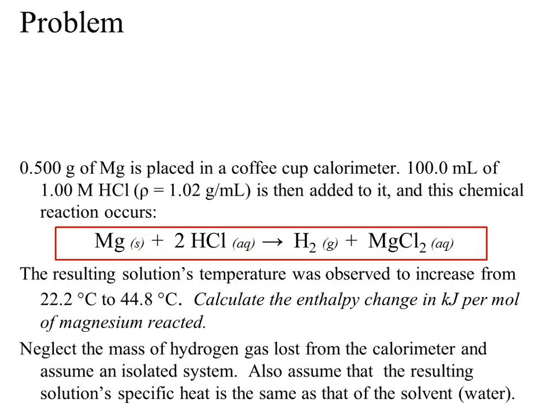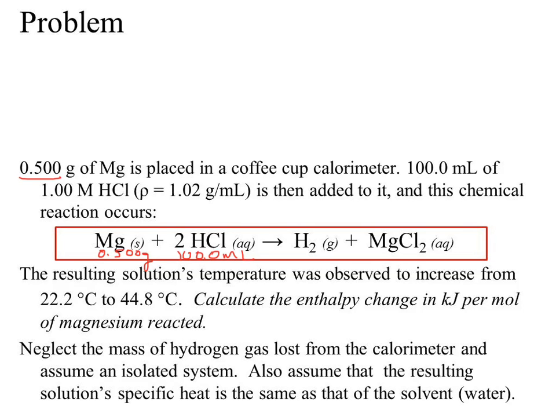All right, I better change it to red. So, 0.500 grams of magnesium is placed in a calorimeter. Do you see the word calorie in there? Calorimetry, not to be confused with a colorimeter, which looks at color. It goes on to say that the HCl is an amount of 100 milliliters, and it gives the molarity.